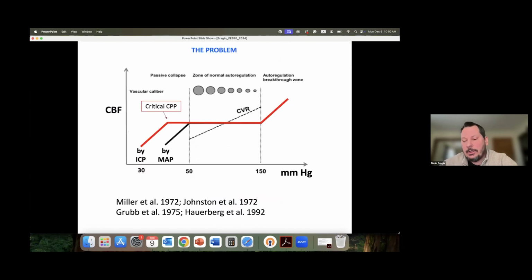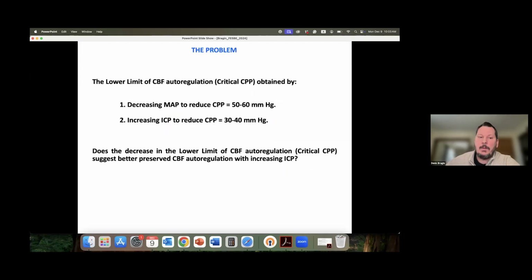However, in clinical settings, cerebral perfusion pressure, which is the difference between arterial pressure and intracranial pressure, usually decreases because of intracranial pressure increase. And it was discovered that when you decrease cerebral perfusion pressure by intracranial pressure increase, it shows a better preserved cerebral perfusion pressure limit, which was about 45 to 30 millimeters of mercury.